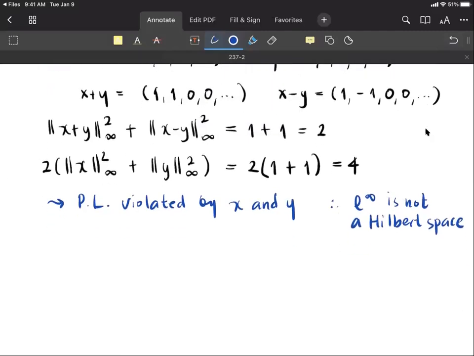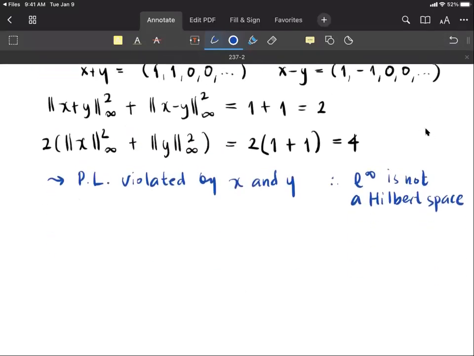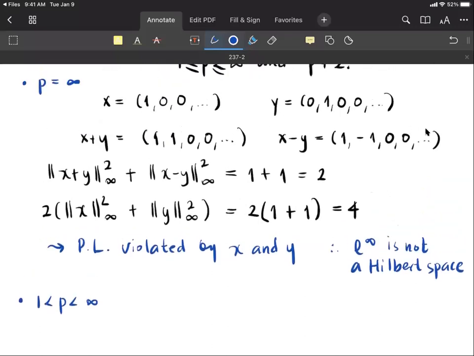Okay. Now for the case where p is finite, we take the same vectors x and y.